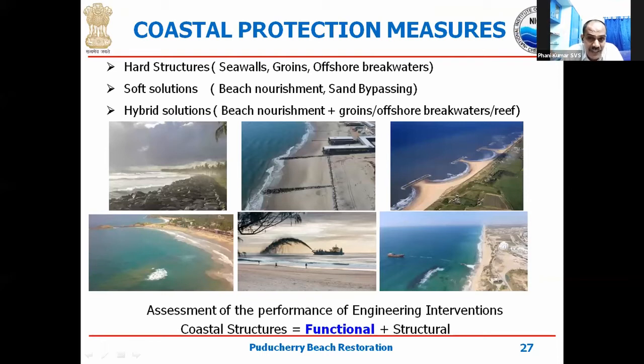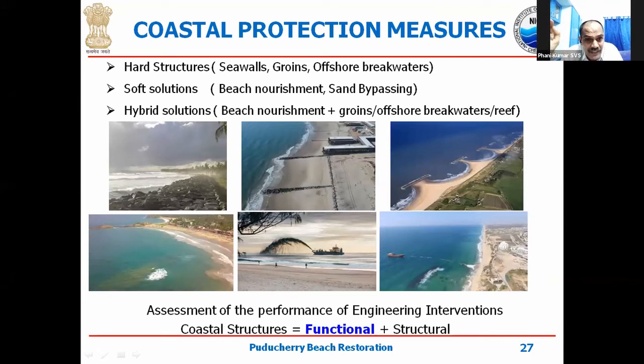When you have a groin in the Indian environment, you will see accretion on the southern side and erosion on the northern side in general, because of the patterns of the wave.